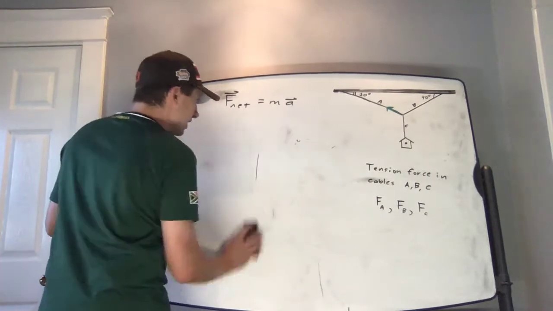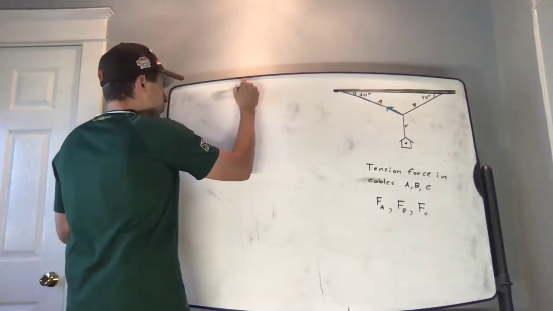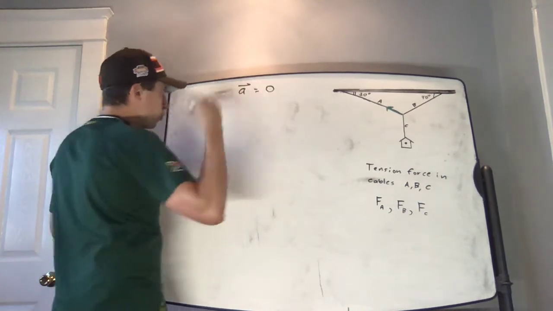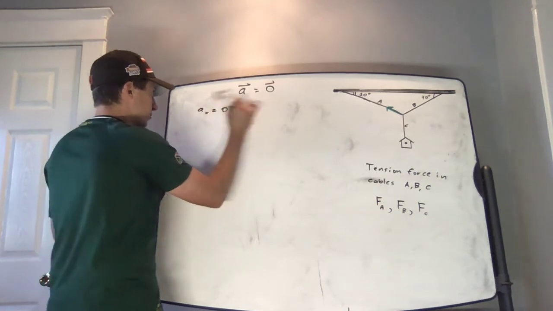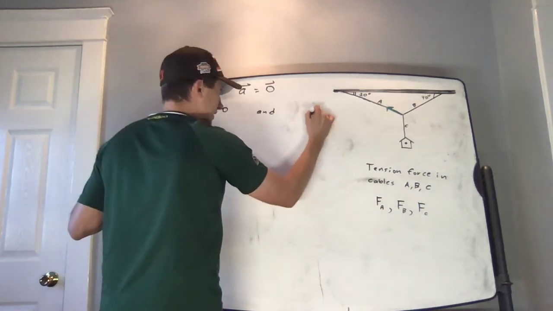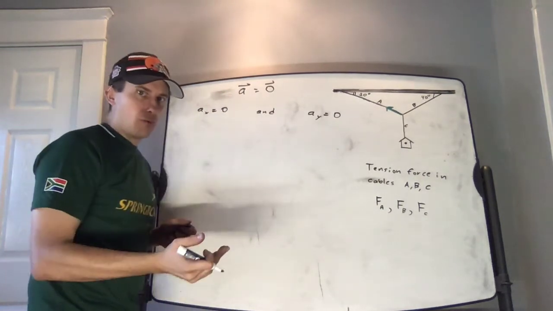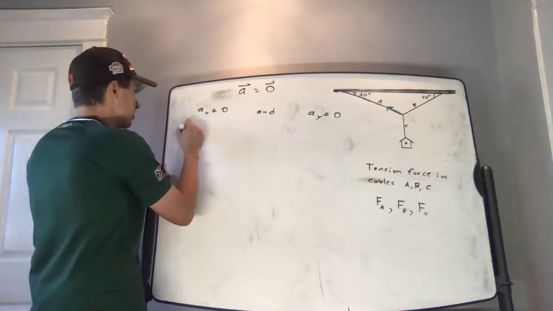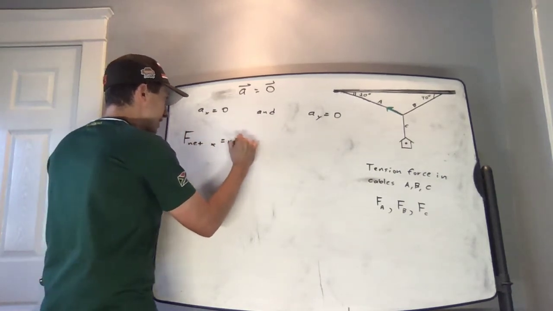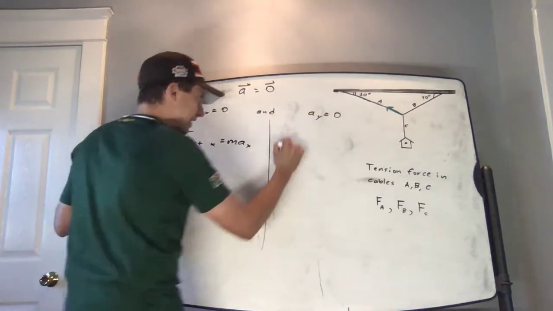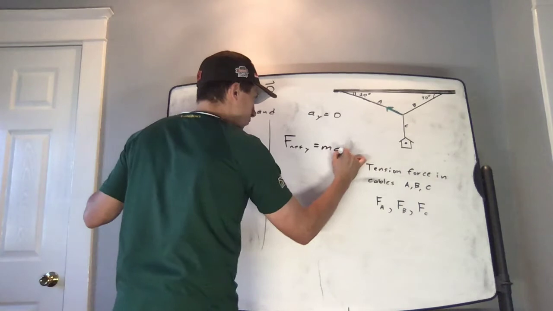So if we know that nothing is accelerating in this problem, I could write that as a is equal to 0, and specifically I could write that as ax equals 0 and ay equals 0. That implies that the sum of all forces must also be 0. So F net x equals max and F net y equals may.